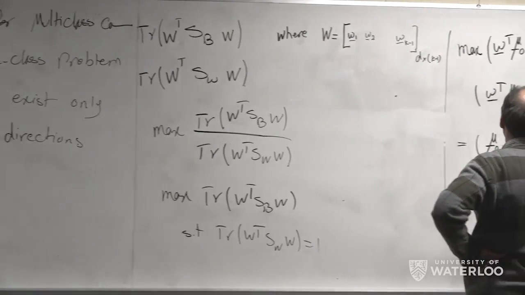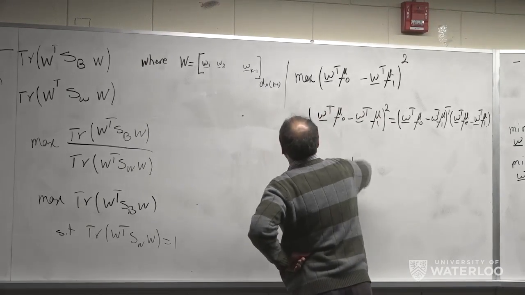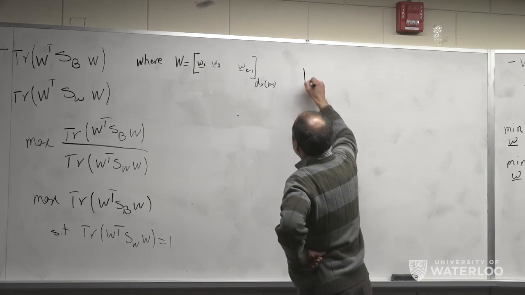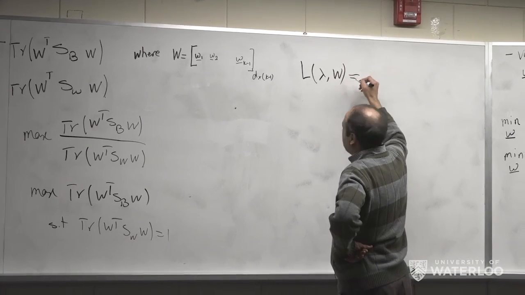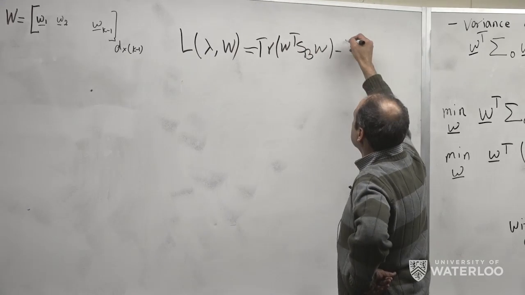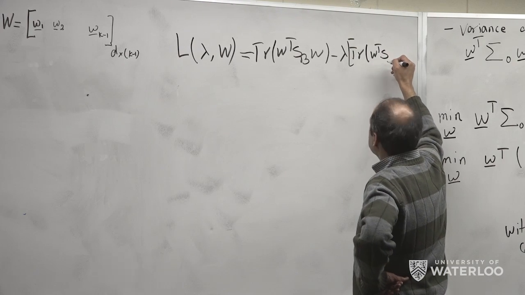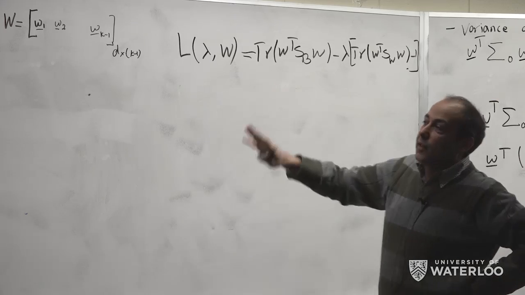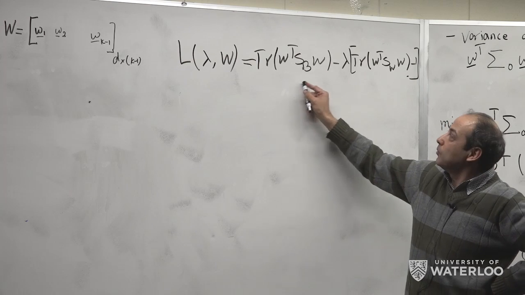You're going to write a Lagrangian, and you're going to take the derivative, and the derivative is going to be exactly the same, because the derivative of the trace of W transpose SB W with respect to W would be SB W.